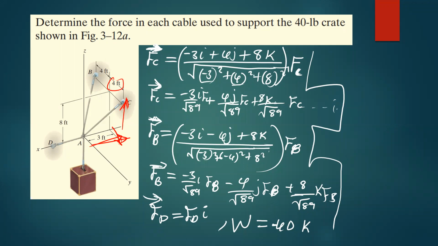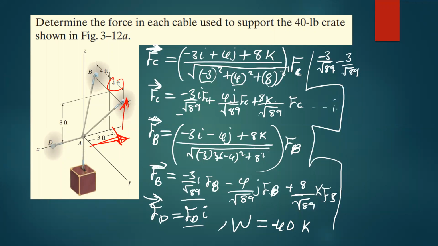So you get all the x components, you add them, then you equate to 0. So you have negative 3 over the root of 89, then another negative 3 over the root of 89.